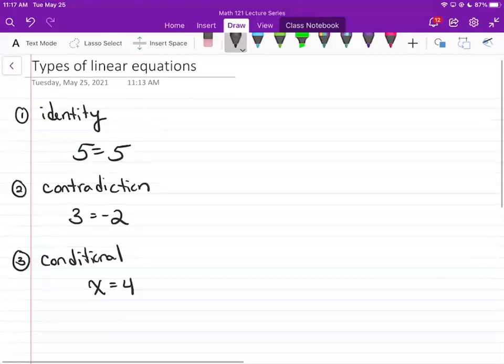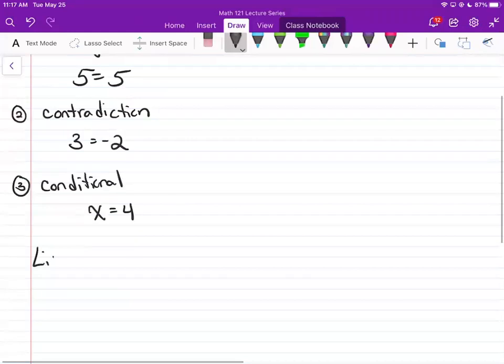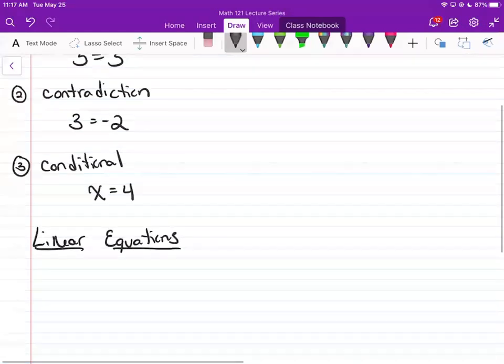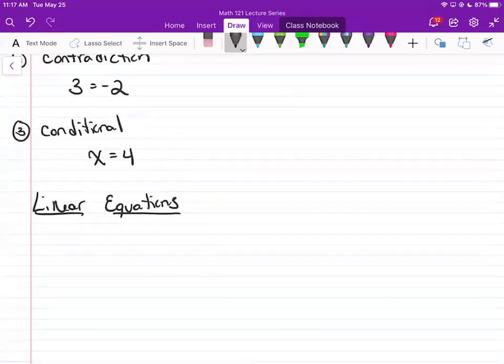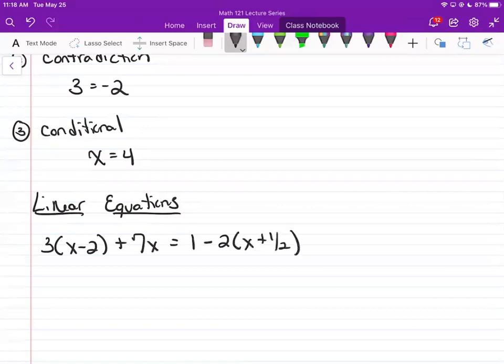For solving linear equations, you have most likely done these before. The key is you want to get the variable by itself. So for example, if we have something such as 3 times x minus 2 plus 7x equals 1 minus 2 times x plus 1/2, we want to work to isolate the variable x.